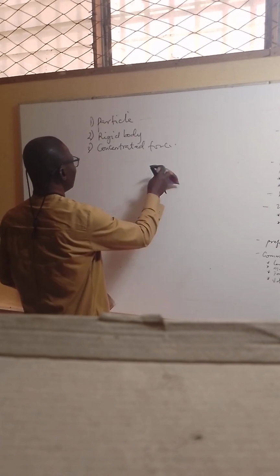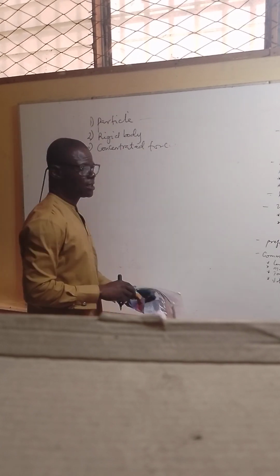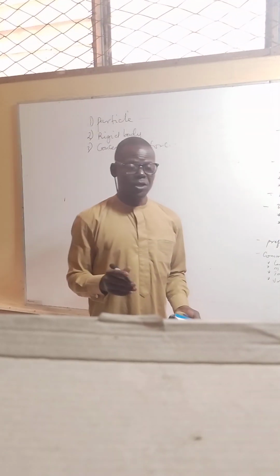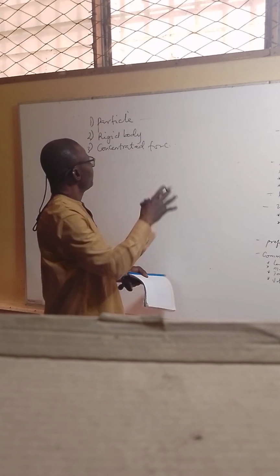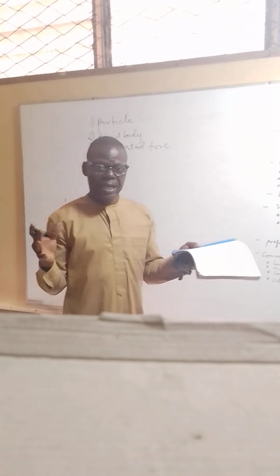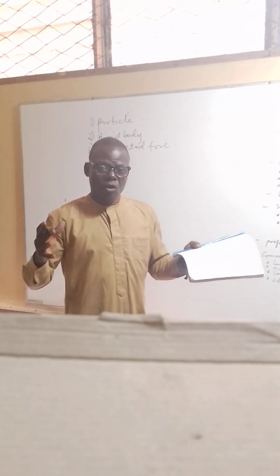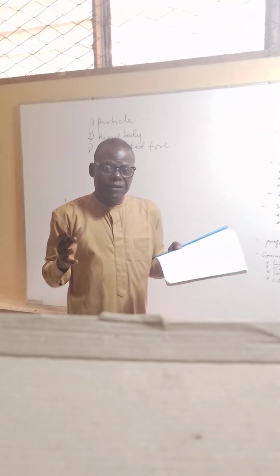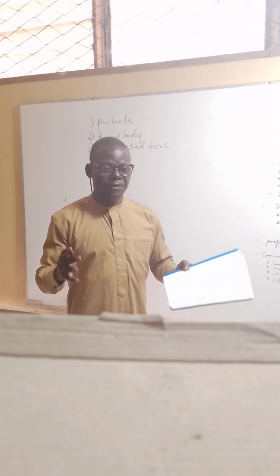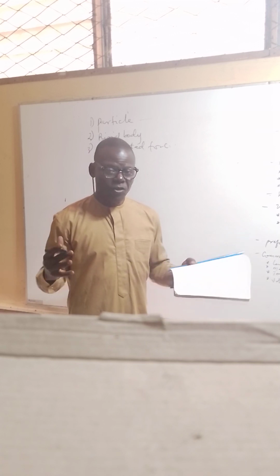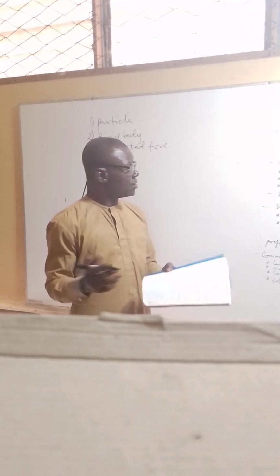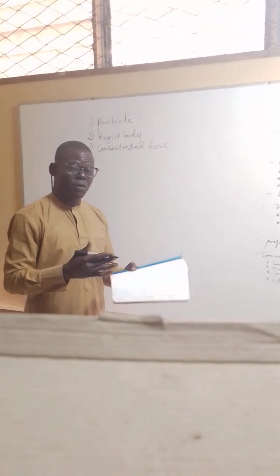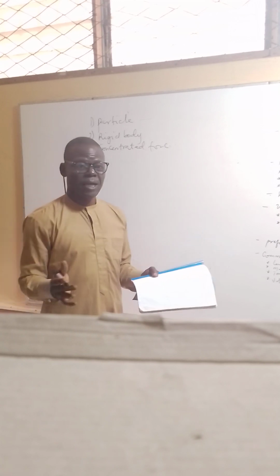That's a particle. And then the rigid body. What is a rigid body? A rigid body is made up of many particles that come together but have a fixed shape. The molecular forces of attraction between these particles are so strong that they do not give the particles the freedom of moving freely at will.